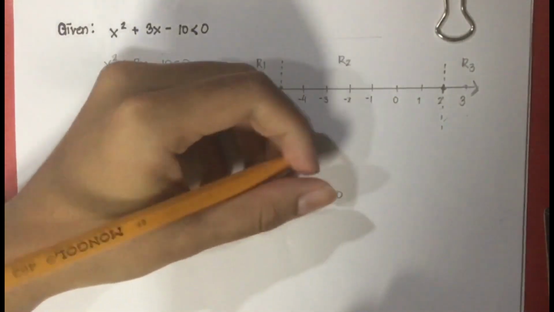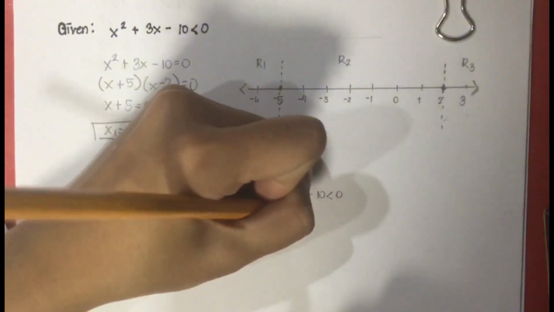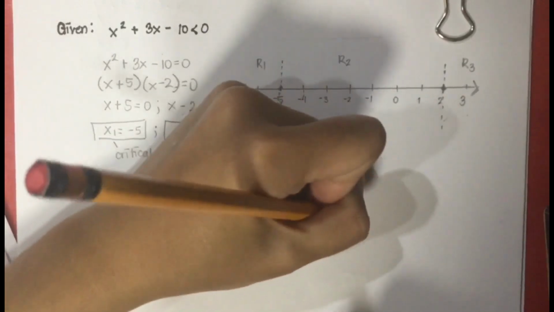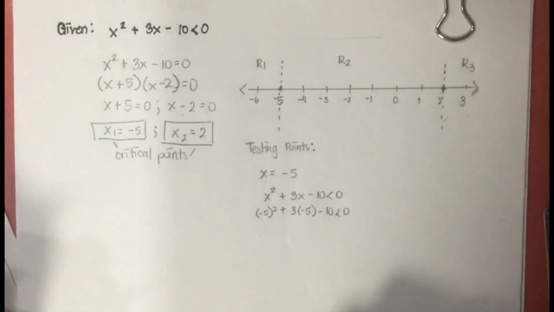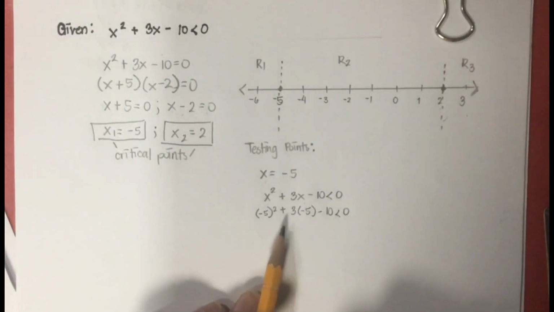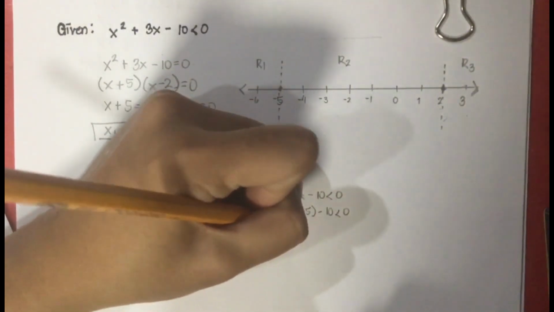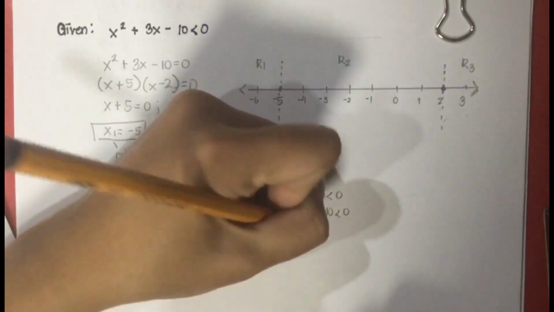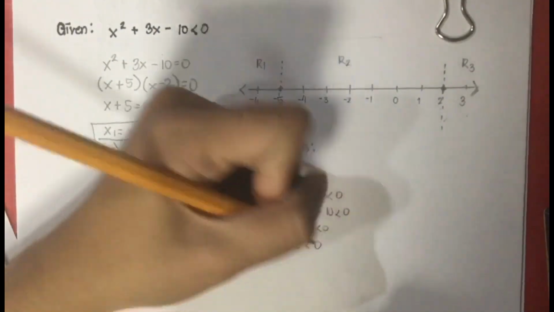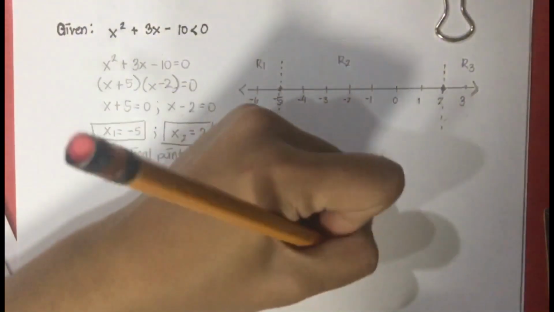So negative 5 squared plus 3 times negative 5 minus 10 is less than 0. Negative 5 squared plus 3 times negative 5 is 10. Minus 10 is less than 0. So 10 minus 10 is 0. Is 0 less than 0? True or false? That is false.